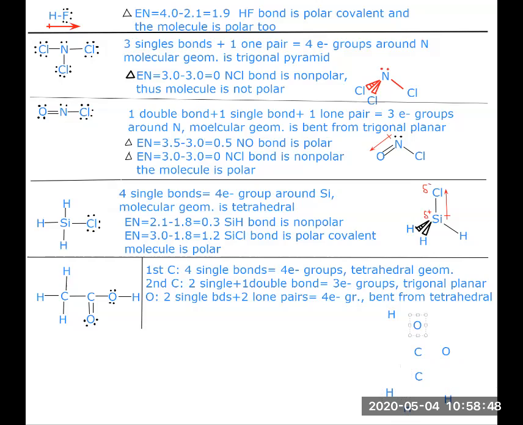So let's see, it's not straight. It's 120 degrees, so like this and like that, right? This was not well done at first. You remember that second carbon is trigonal planar with 120 degrees, so it has to be like a triangle between that central atom, the second carbon, and then the two oxygen and the other carbon.